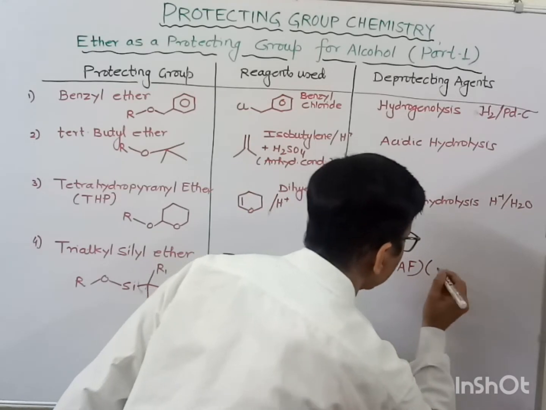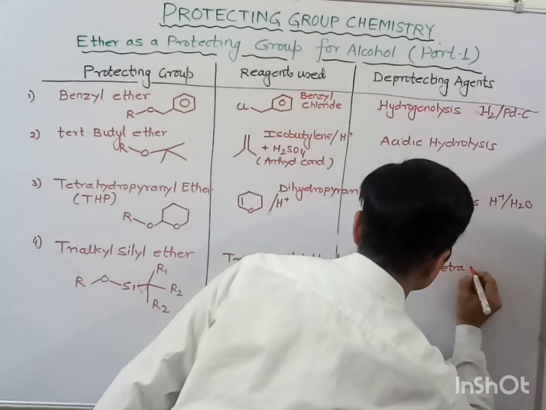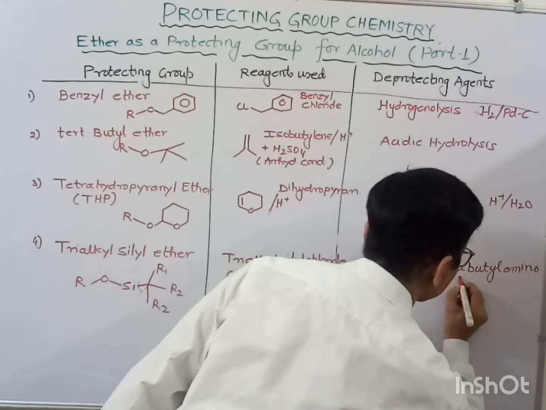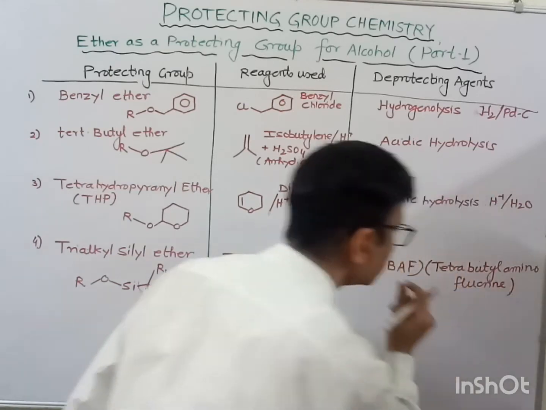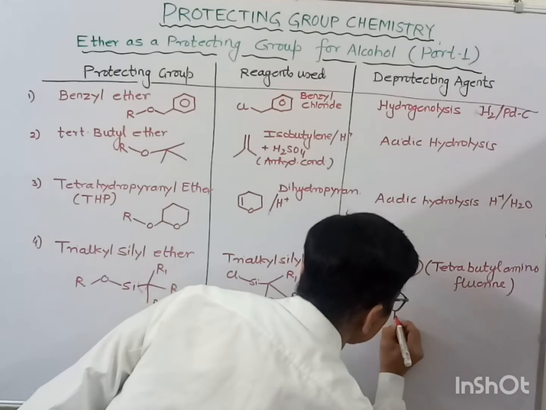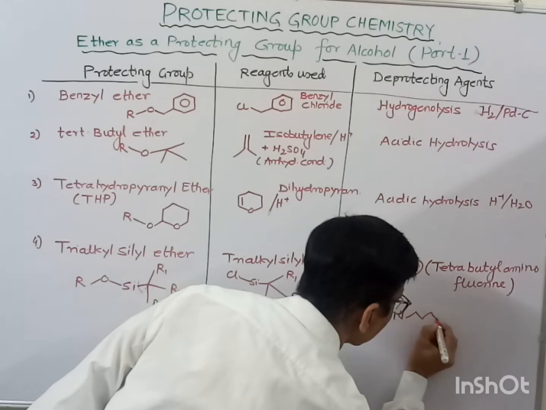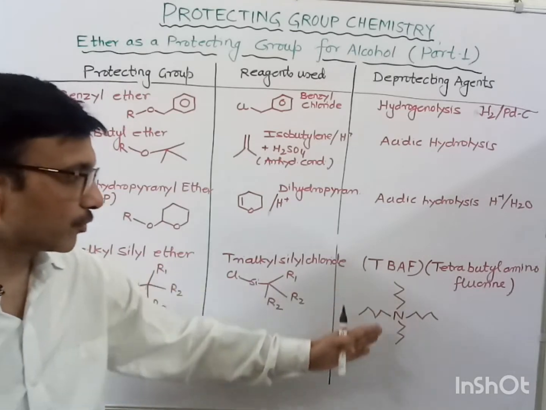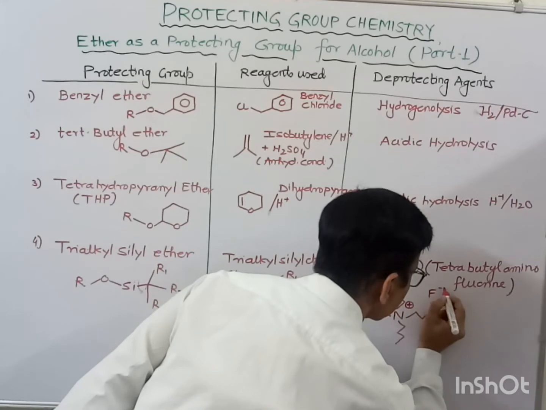TBAF is tetrabutylammonium fluoride. If we write the structure, this is the tetrabutylammonium with a positive charge over here, and this is the fluoride ion.